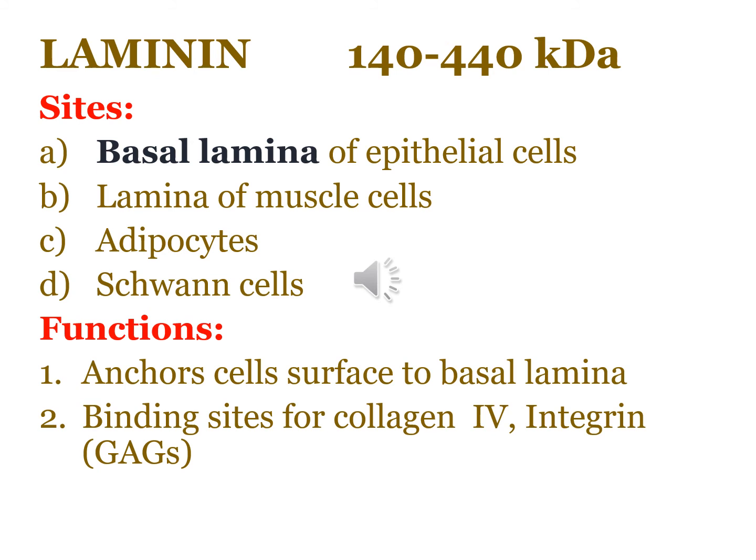Its function is to anchor the cells to the basal lamina, and it forms binding sites for collagen type 4, as collagen type 4 is also found in the basal lamina, and a binding site for integrin, the transmembrane receptor protein, and some GAGs.